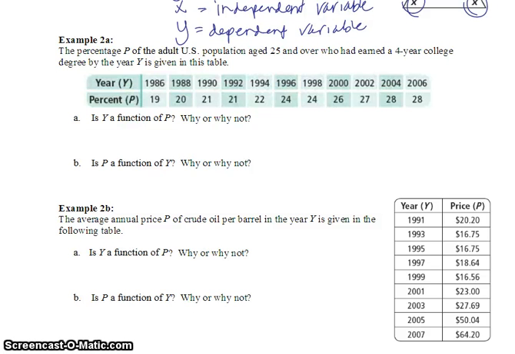So is Y a function of P, Y or Y not? Well, let's look at our values.